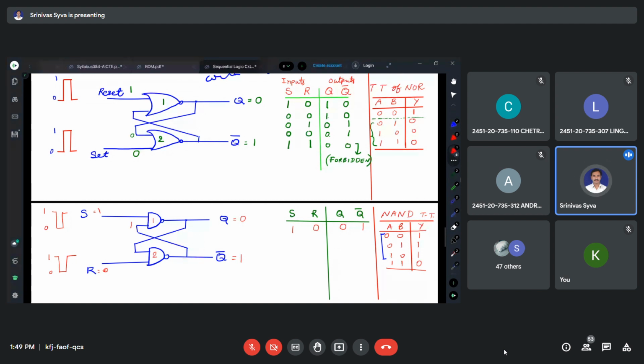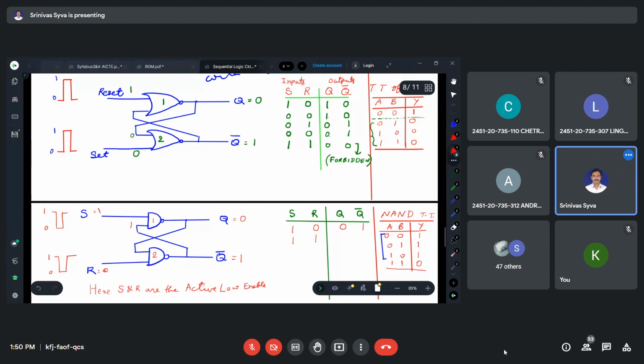Next, 1 bit. So here, S and R are the active low enable inputs.